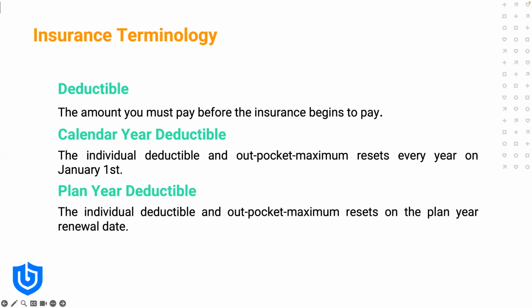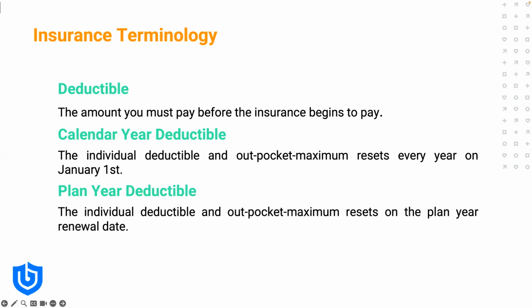After that, the insurance starts paying 80% of my co-insurance until the end of the year. If I meet my out-of-pocket, again, let's say it's a $6,000 out-of-pocket max, the insurance pays 100% for the remainder of the year. January 1st, it resets all over again.